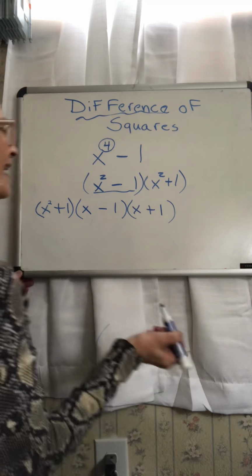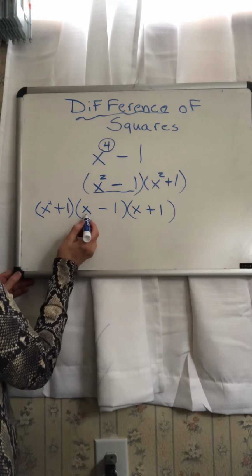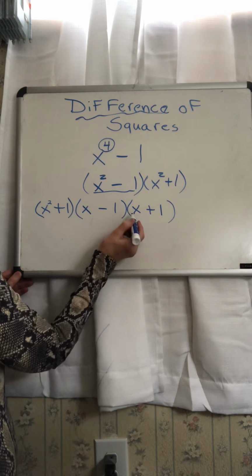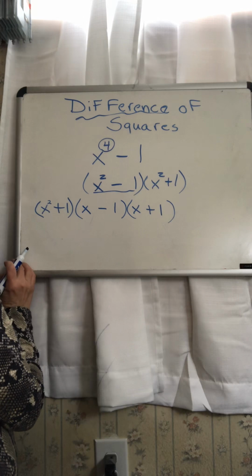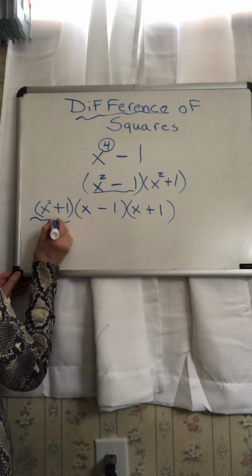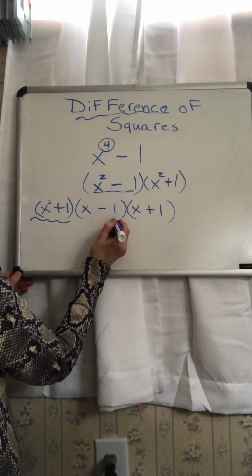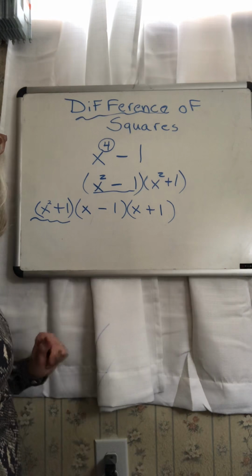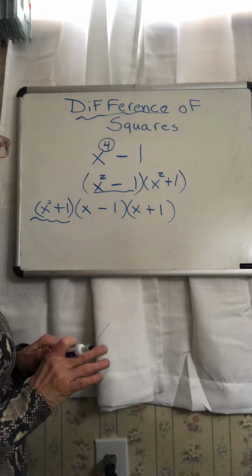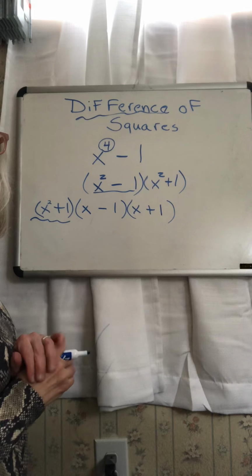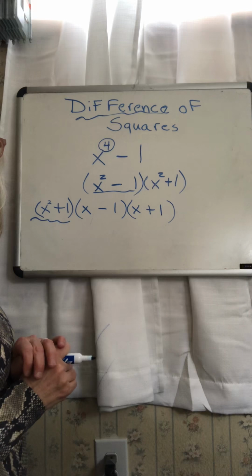Okay. And now we're finished because x squared, we squared x by itself, is not a perfect square. So we have x squared plus 1, then we have x minus 1 and x plus 1. Okay, you will probably have a couple of those type in your factoring today in the homework.